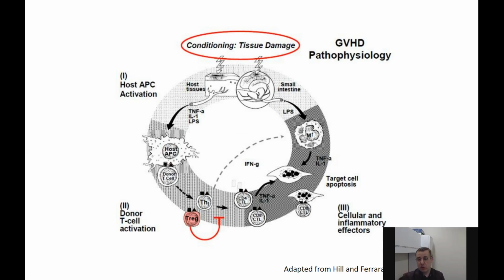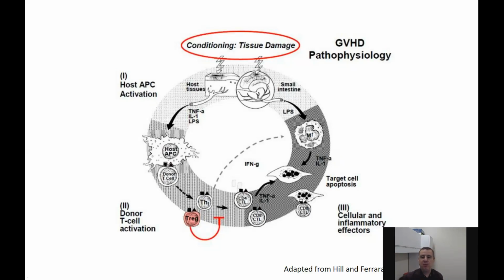Now, how does graft-versus-host disease develop? It is believed that the initial tissue injury occurs with a conditioning chemotherapy regimen. This damages host tissues, in particular of the gastrointestinal tract or the skin or the liver, among other organ systems.